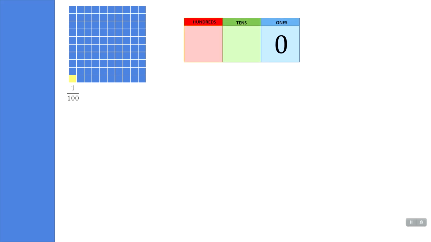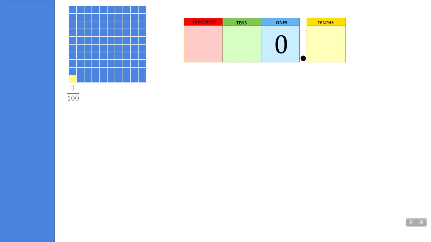Now let's see what would happen if we took one whole and we divided it into 100 squares. One of the squares is known as 1/100th. And in the place value chart, we put a 0 in the ones column because we have not arrived at 1 as yet, one whole. We have 1/100th. We learned about tenths just now.